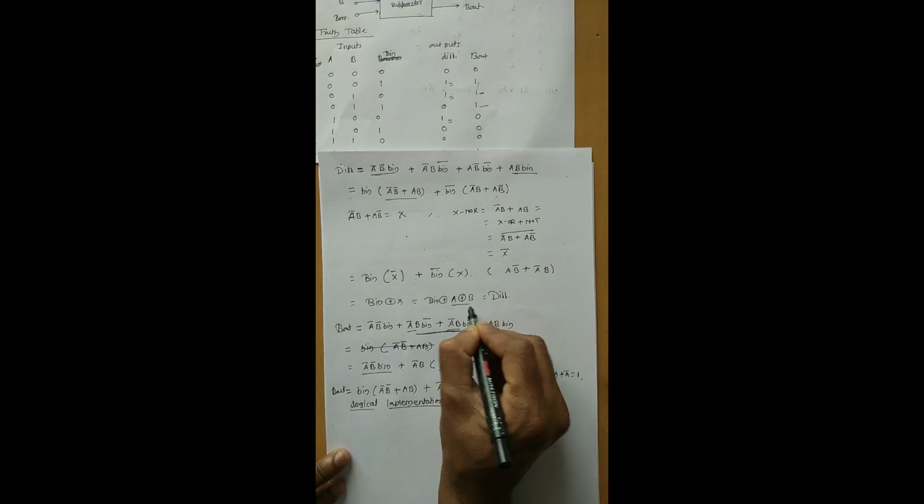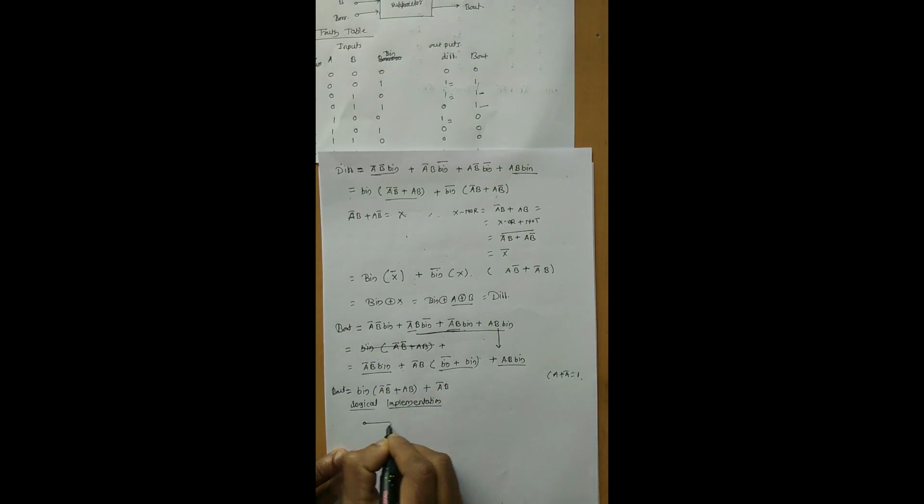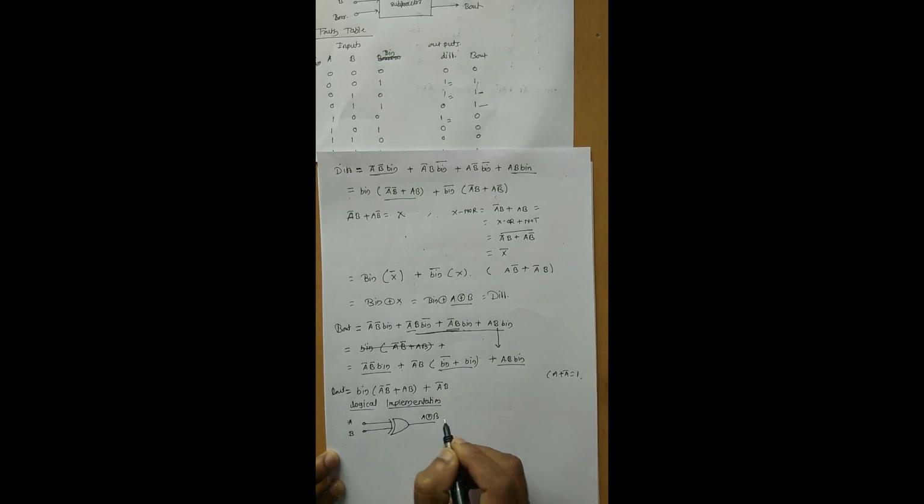For this you can implement this one term A and B, those are XORing with each other. Okay, then we need one more input, which is B in bar, B in. So consider B in, which again produces A XOR with B XOR with B in. Okay, this is the difference.